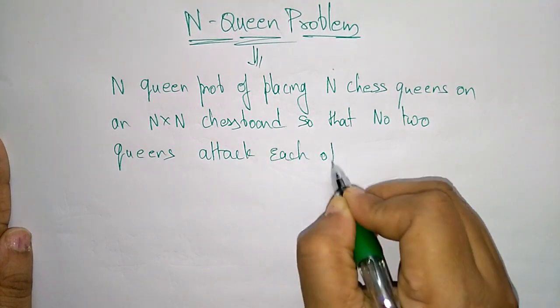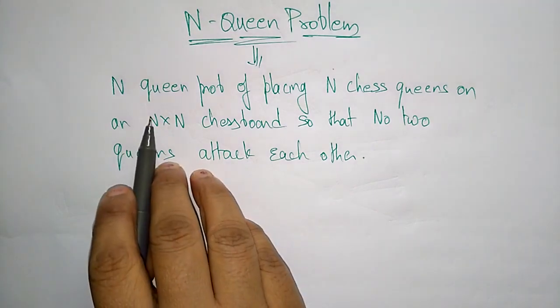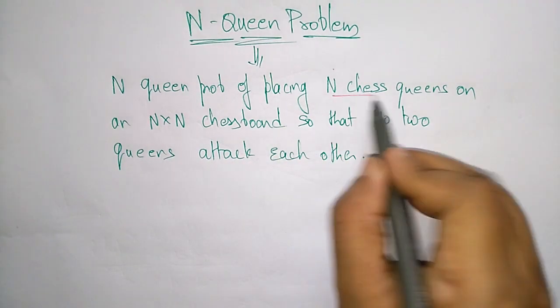This is the criterion that has to be followed to solve this n-queen problem. The n-queen problem is just taking n chess queens.